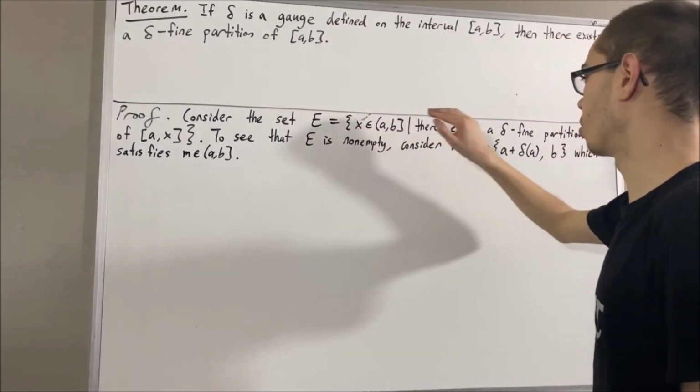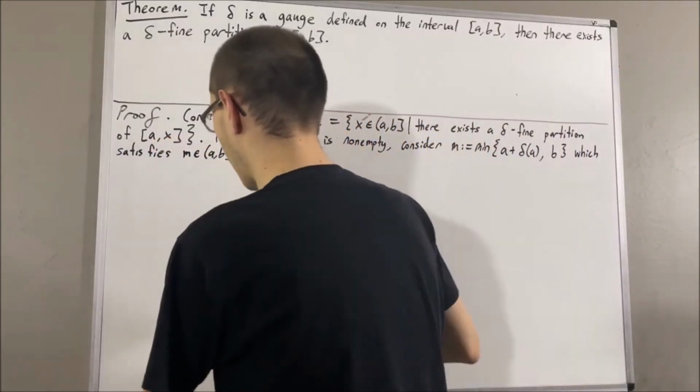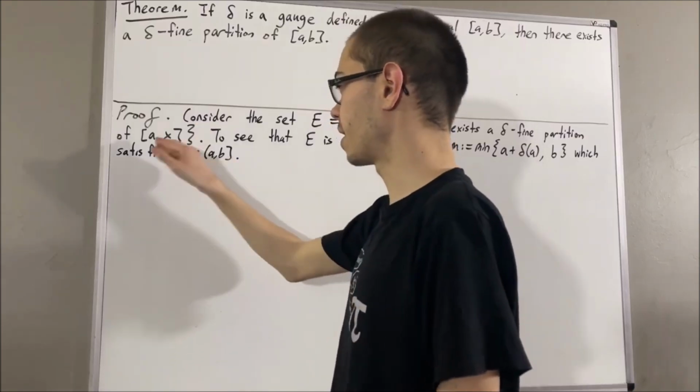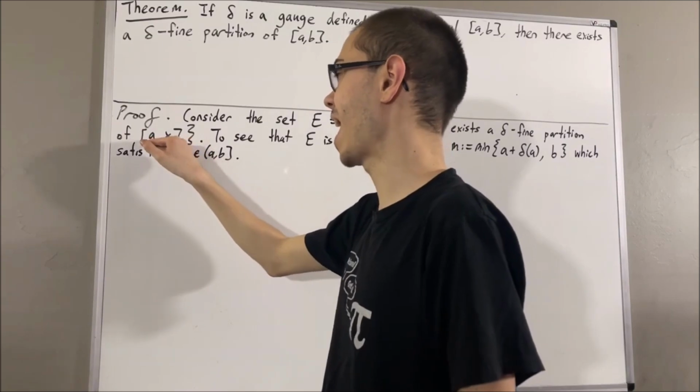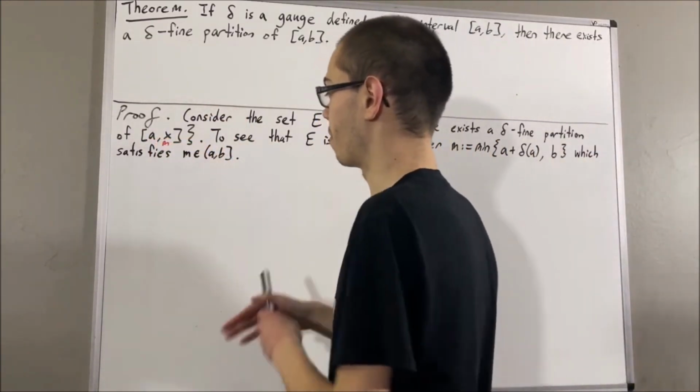So now we want to show that there exists a delta-fine partition of a comma m. The claim is that the interval a comma m itself, along with the tag a, is a delta-fine partition of a comma m.